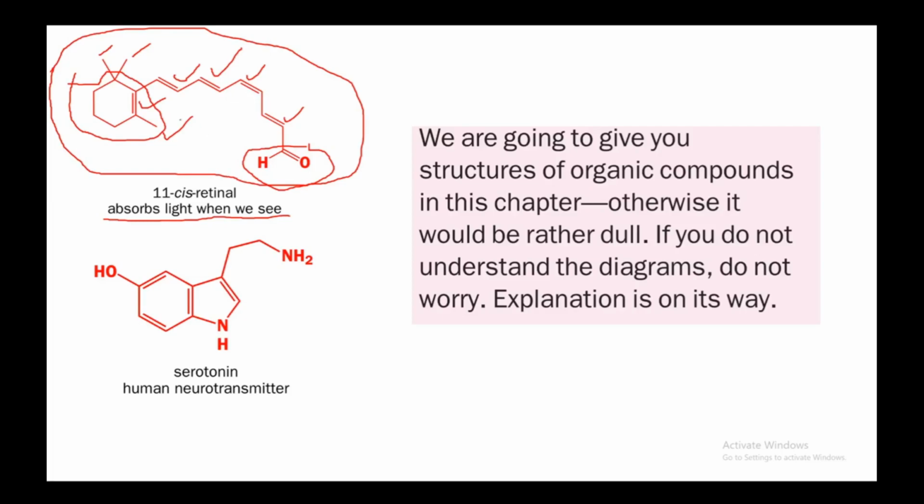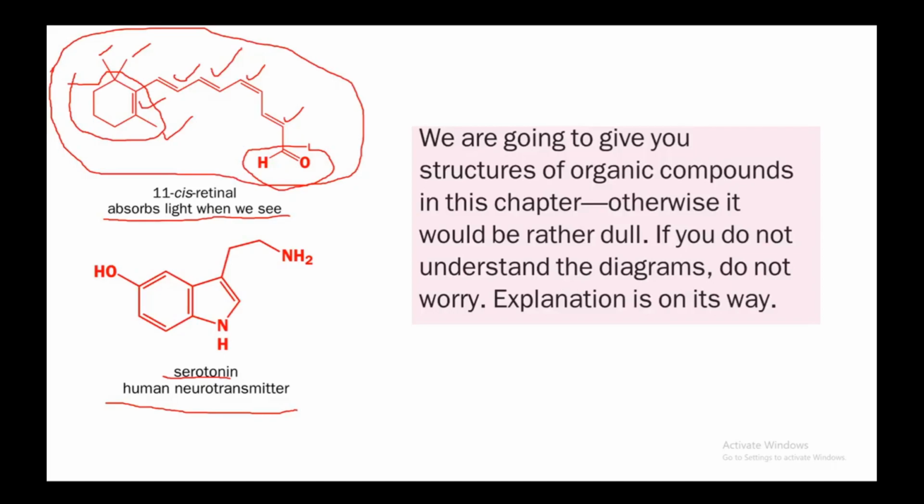The next interesting molecule is serotonin, and it's a human neurotransmitter. It helps human brain cells to carry nerve impulses, or carry messages from the brain to tissues and all body organs. The molecule that is responsible for this work is called serotonin.